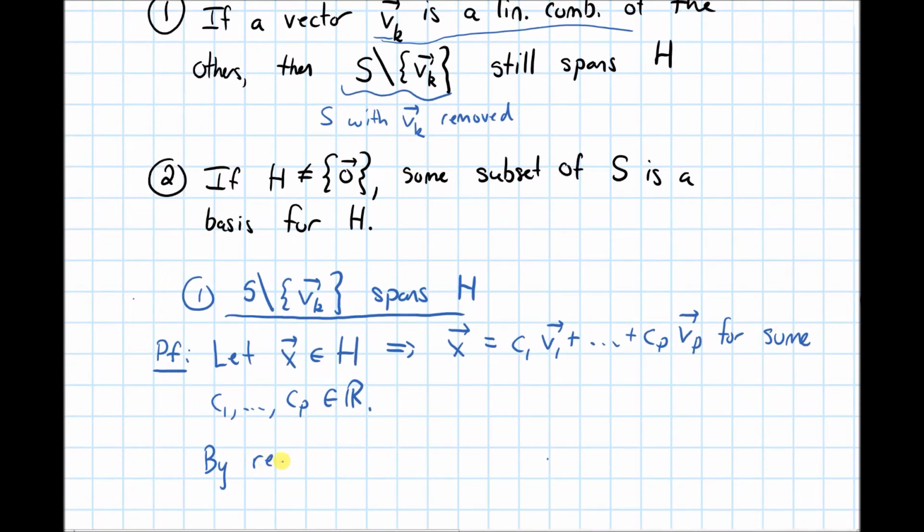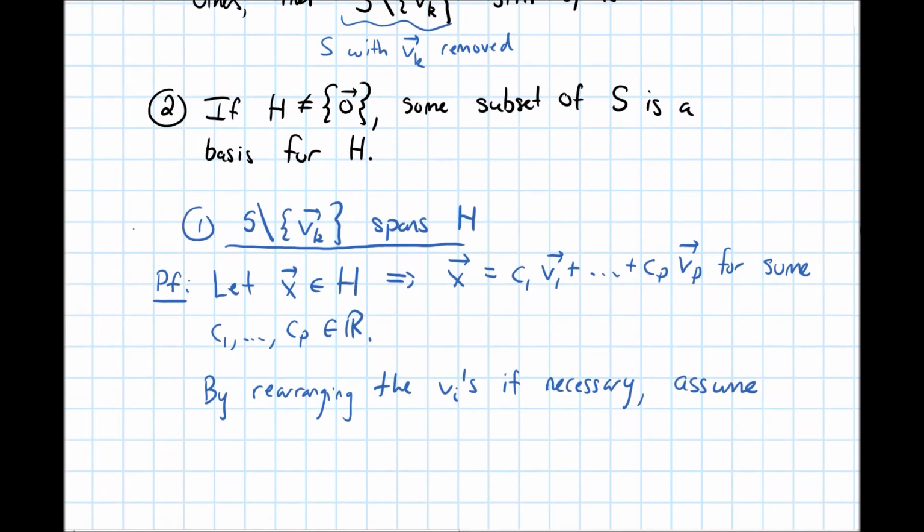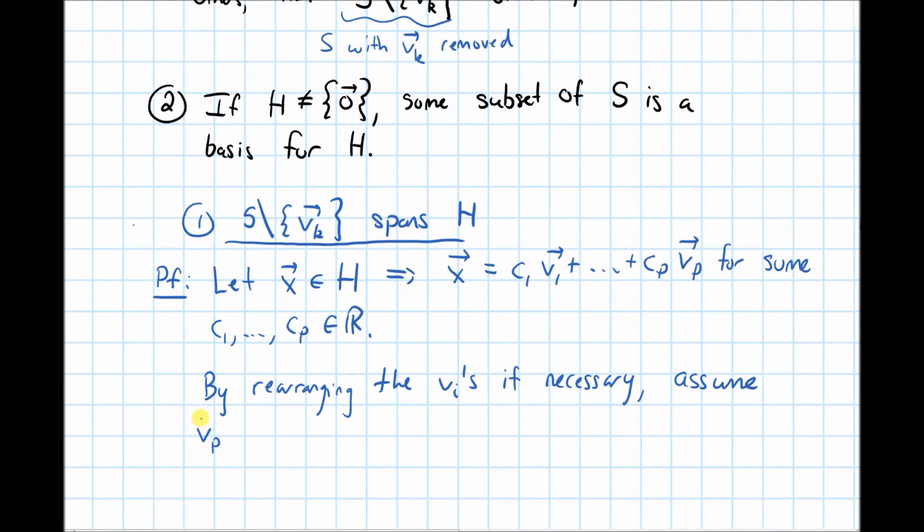By rearranging the vi's, if necessary, let's assume that vp, the last vector, is a linear combination of the others, v1, ..., vp minus 1.